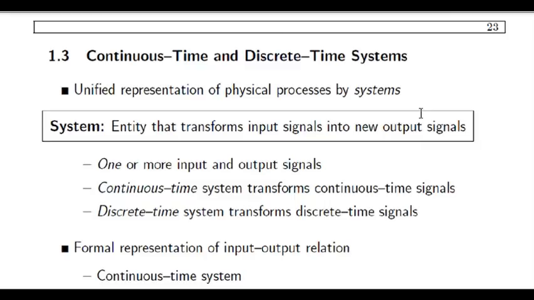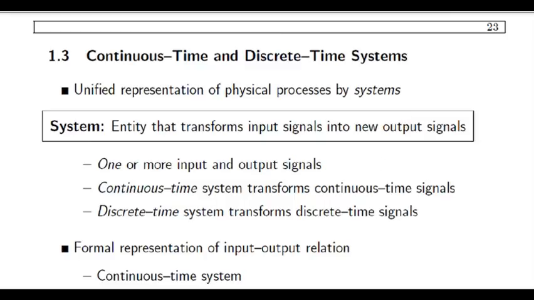What is a system? A system is a representation of physical processes, and it is an entity, or you can say a device, or something which transforms input signals into output signals.